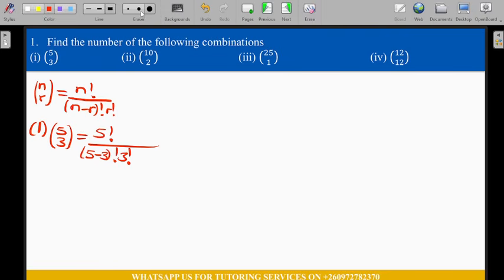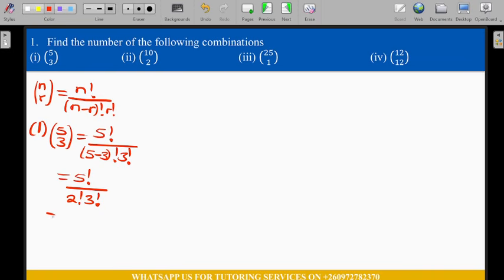Now we need to simplify this. So this will give us 5 factorial over 5 minus 3, we get 2 factorial, then 3 factorial.